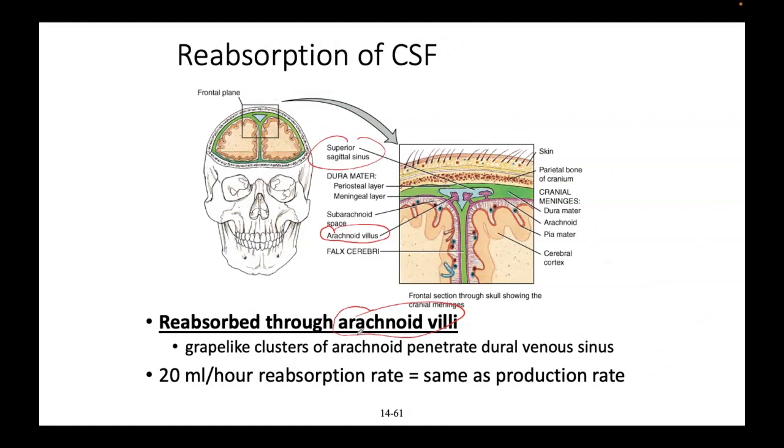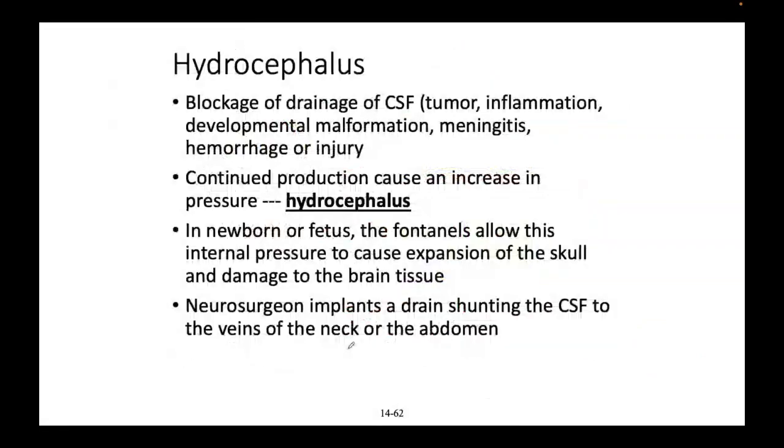And it should be reabsorbed at the same rate that it's produced, right? That makes sense. Your body is making it, then it should be reabsorbed. Otherwise, if there's a blockage of that CSF, which can happen from a tumor, infections, inflammation, meningitis, some sort of hemorrhage or injury, it can create hydrocephalus, which is water on the brain.